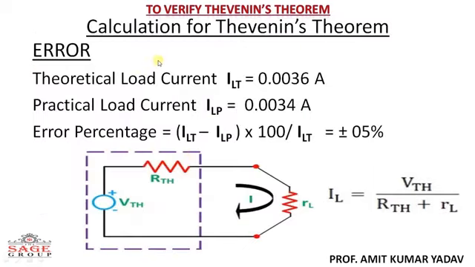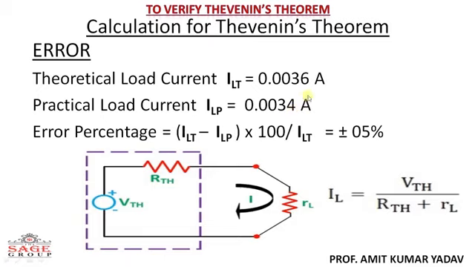So what is the error? In this part you just write down the value of theoretical load current and practical load current which you have already observed in the practical part. The theoretical load current is 0.0036 ampere and the practical load current is 0.0034 ampere.